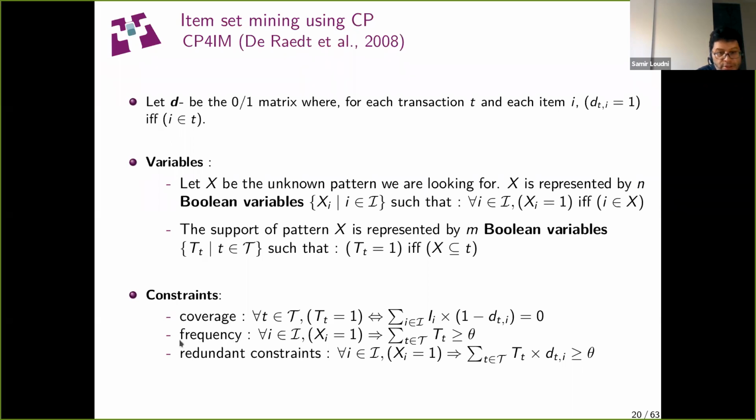This frequency constraint ensures that the item set X is frequent with respect to some threshold value theta. We just need to sum up all the transaction variables to verify if the item set is frequent or not.